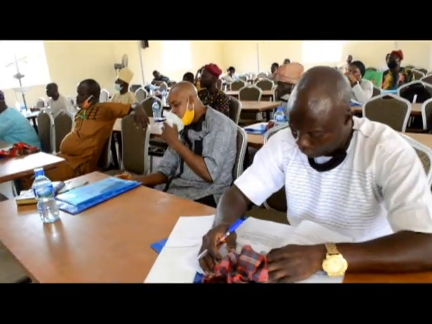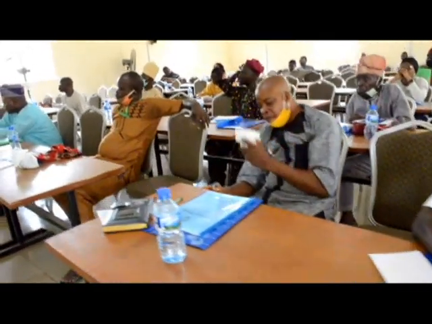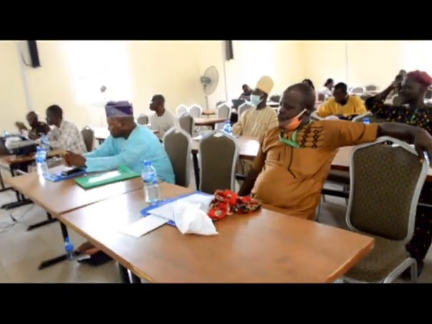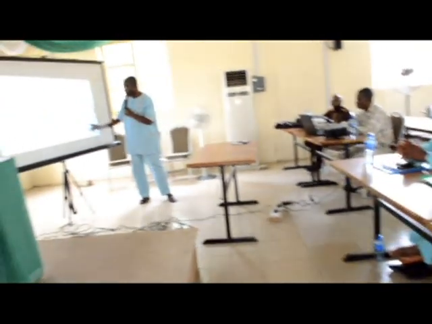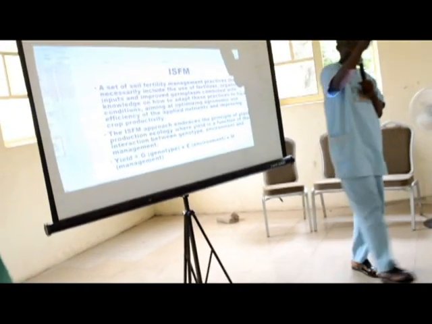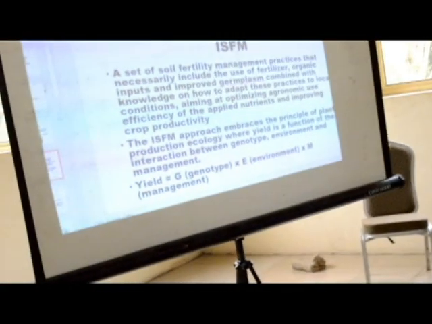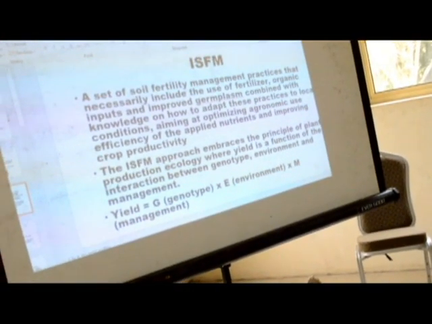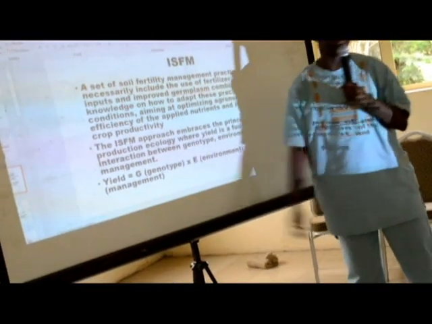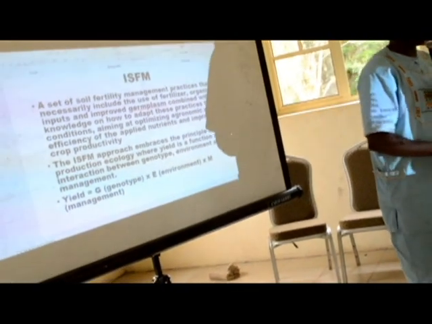So the ISFM approach embraces the principle of plant production, where yield is a function of the interaction between the genotype, environment, and management. Every farmer wants the yield to improve. And we cannot shy away from the cocoa material you planted.